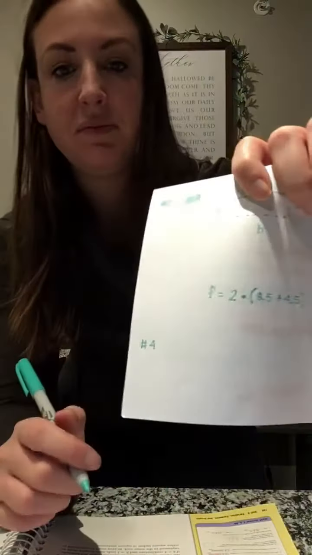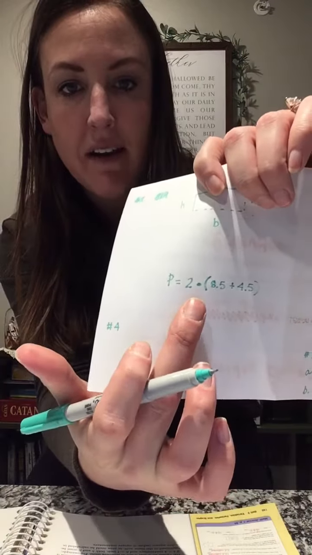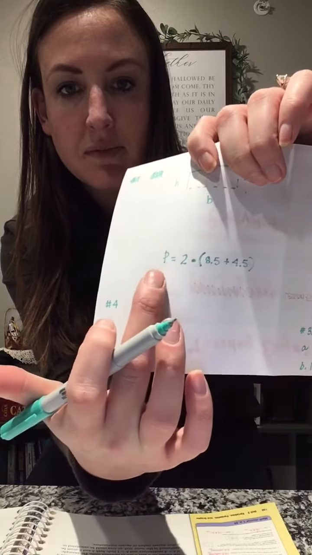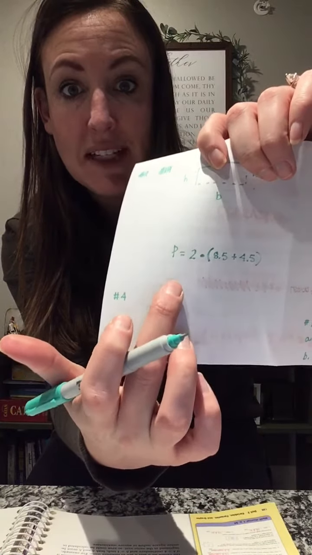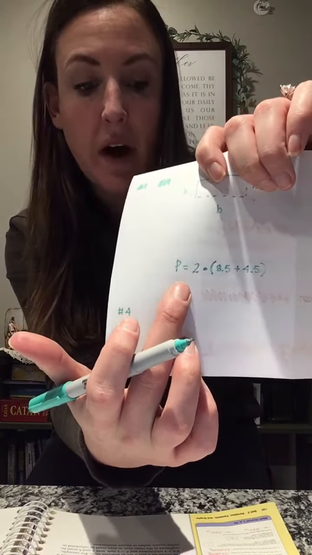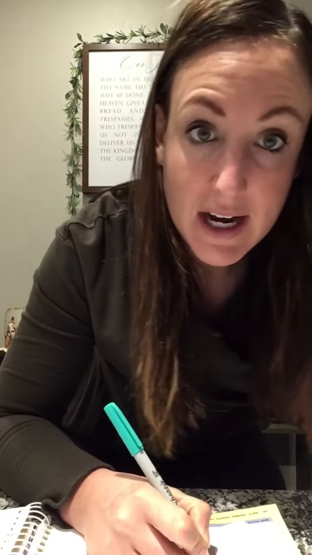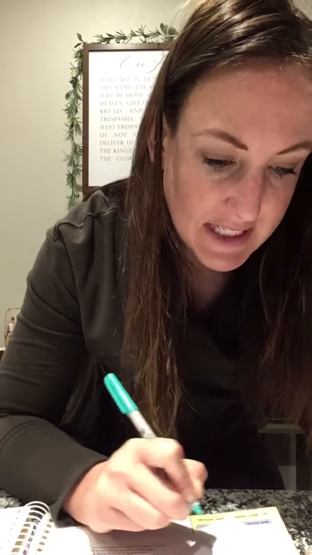So here I plugged those numbers in. Now notice the only thing I'm left with is P. That's the one I'm solving for. If I add 8.5 and 4.5, you'll see in your book you get 13. 13 times 2 is 26 inches. So your answer is going to be 26 inches.